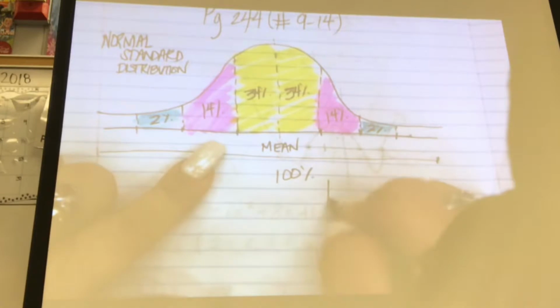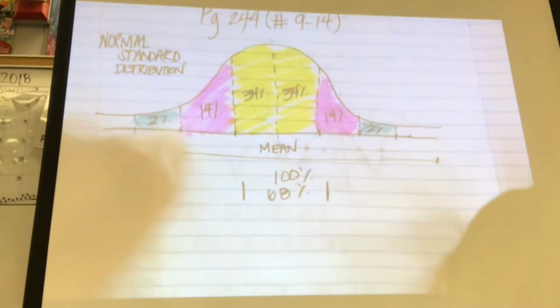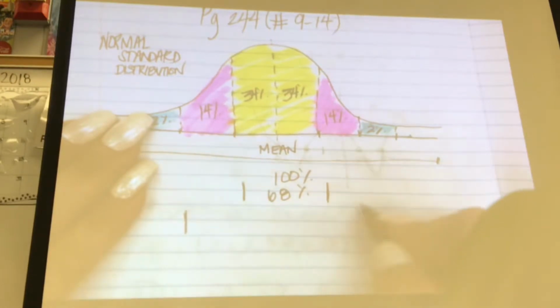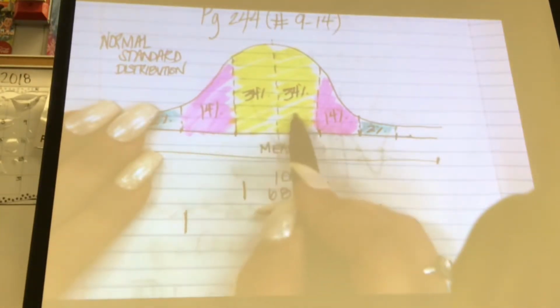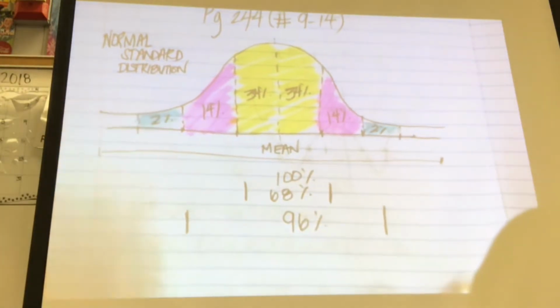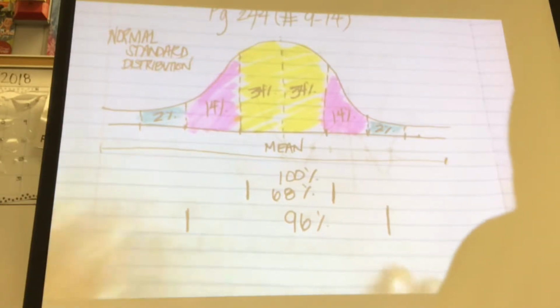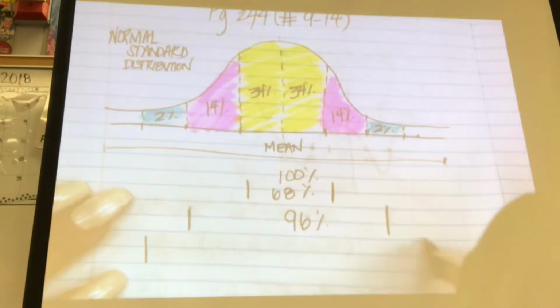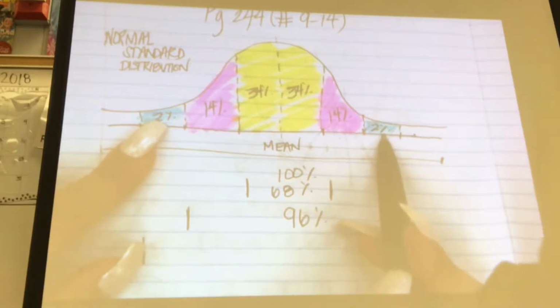So within the first standard deviation, we have about 68% of the population. Within the second standard deviation, if I add 34, 34, 14, and 14, that's 96%. And then if I go to the third standard deviation, 96 plus 2 and 2, that's 100%.